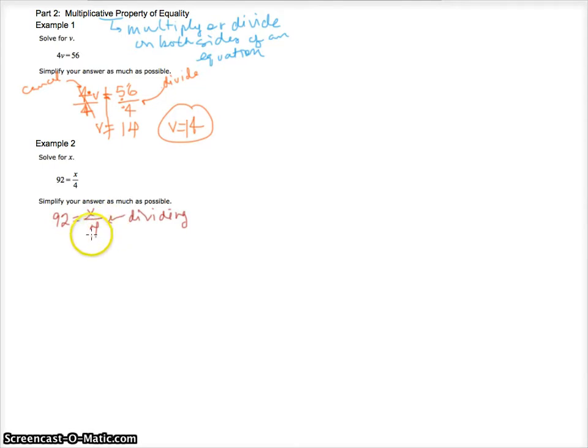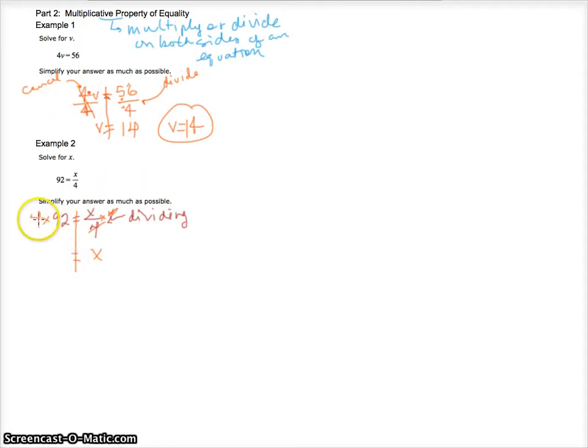So I'm going to multiply both sides by 4 to cancel it. So I'm going to say times 4 here and times 4 here. Since there's a 4 here, the 4 up here is going to cancel, and I'm going to write x.